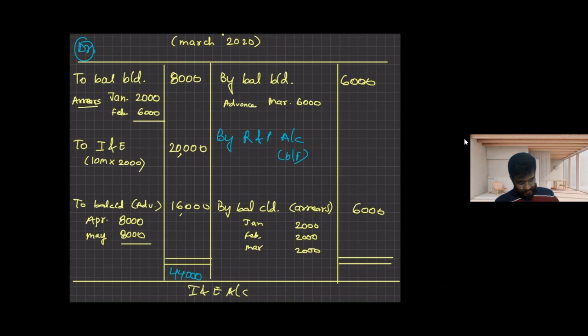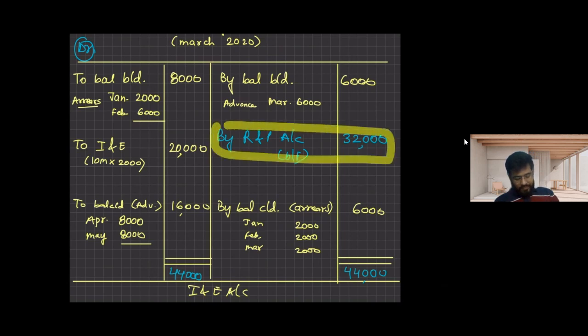Yes, 44,000. And on your credit side, this would be 44,000 minus 12,000. The balancing figure would be 32,000 rupees. This amount I should have been received in my bank account. 32,000.